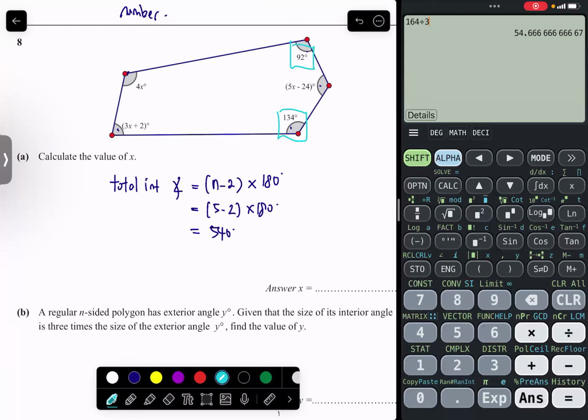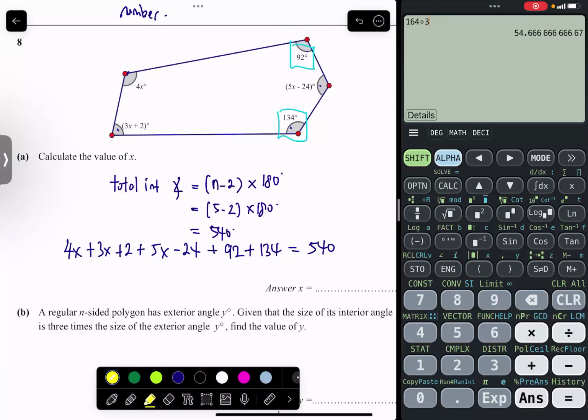So then we can say that 4x plus 3x plus 2 plus 5x minus 24 plus 92 plus 134 equals 540. Group up all the x's: 4x, 7x, 12x. So we have a total of 12x.